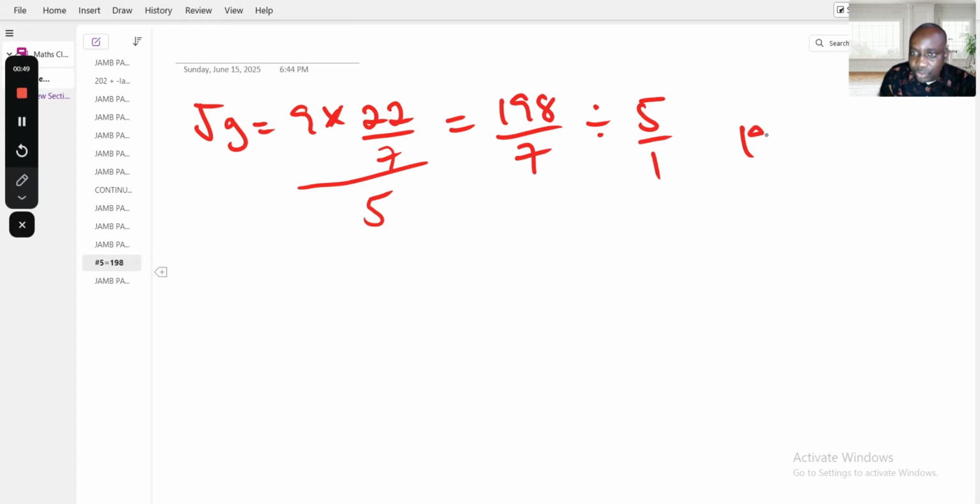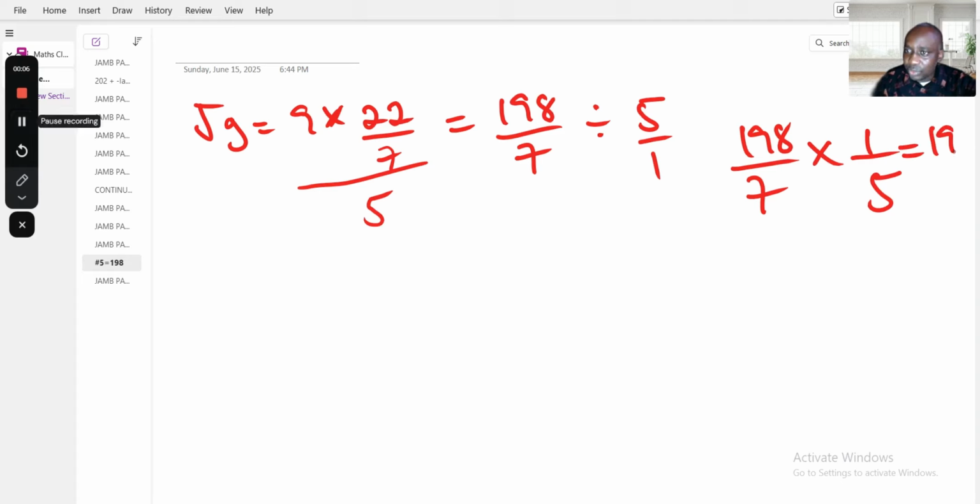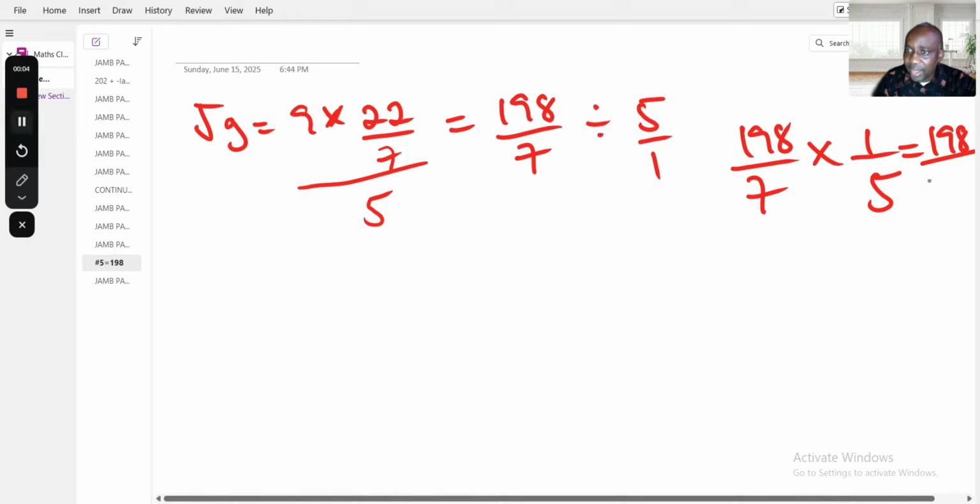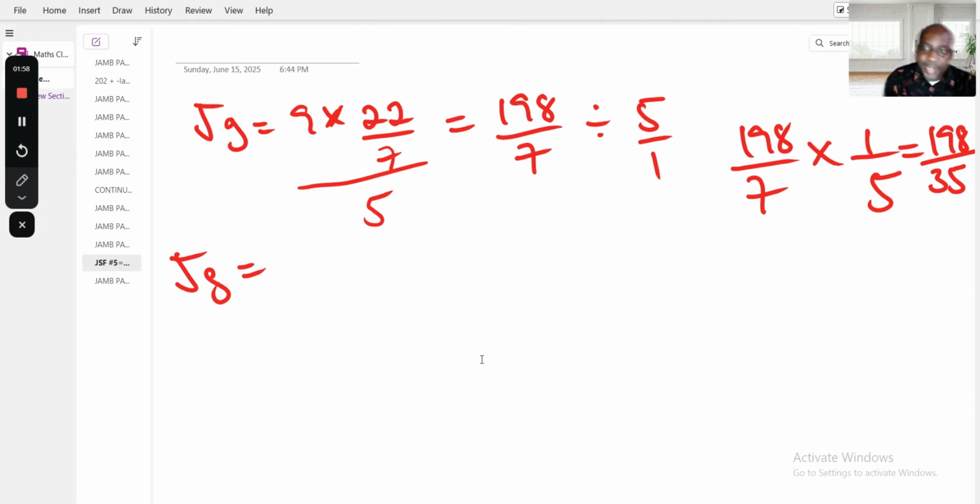It's going to give us 198/7 multiplied by 1/5. 198 multiplied by 1 is 198, divided by 7 times 5, which is 35. Therefore, 198 divided by 35 is going to give us 5.67.